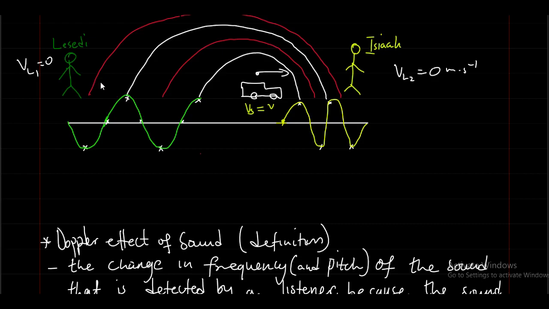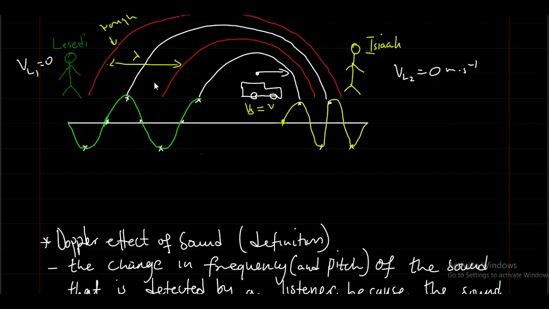Remember that wavelength is the distance between two troughs or between two crests. So here the wavelength will be between this trough and this trough.